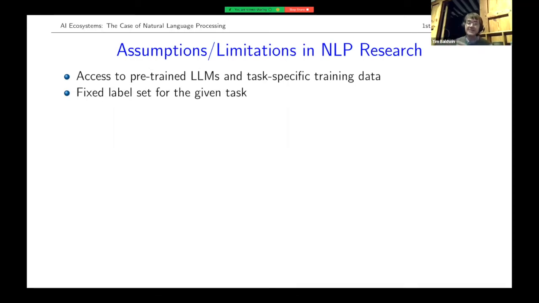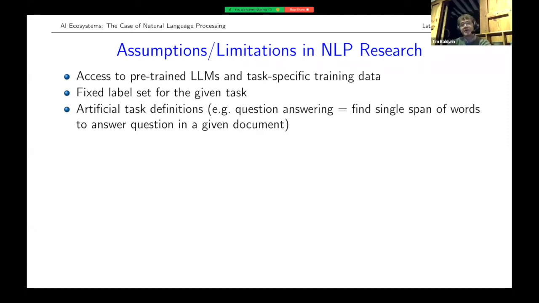Also, a lot of classification work, the label set is fixed, predetermined, a priori, which if you're doing a more exploratory task, maybe you know something about the sorts of labels you want to use, but you actually want to learn some of the labels along the way. That's much harder. It's a little bit of artificial task definitions, possibly kidding ourselves about what a task really should look like to make it easier to progress research. An example of that would be question answering, where a lot of the research nowadays is SQuAD style.